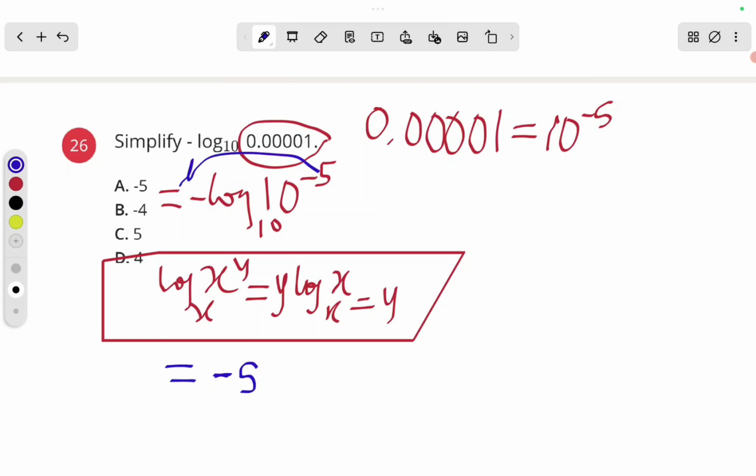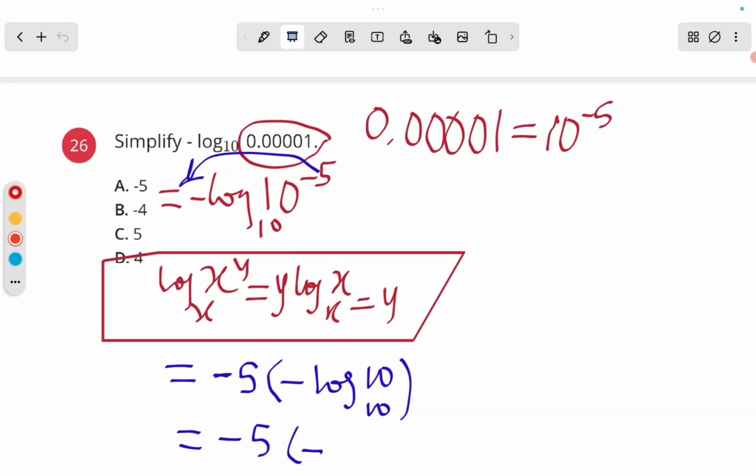This 5 will come down to this side. Then open your bracket: minus log 10 base 10. Log 10 base 10 is the same thing as 1, so minus log 10 base 10 is minus 1. So minus 5 times minus 1. Our final answer would be 5. That is option C.